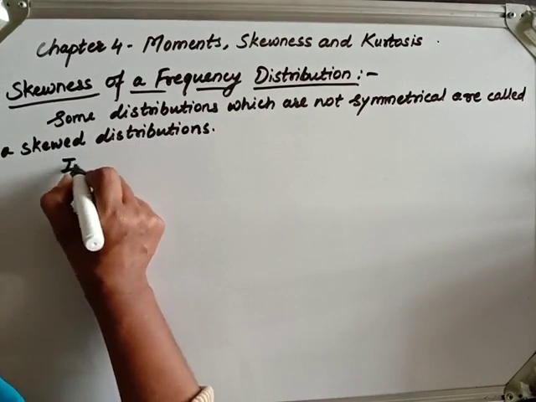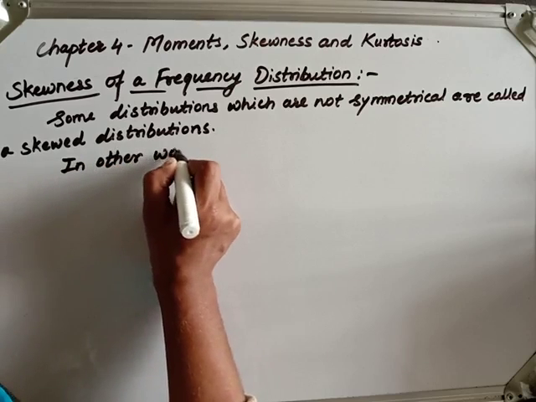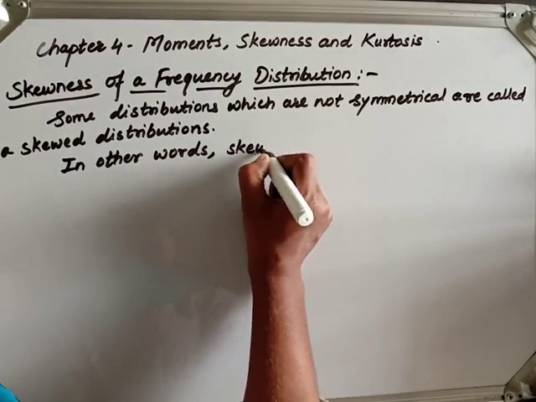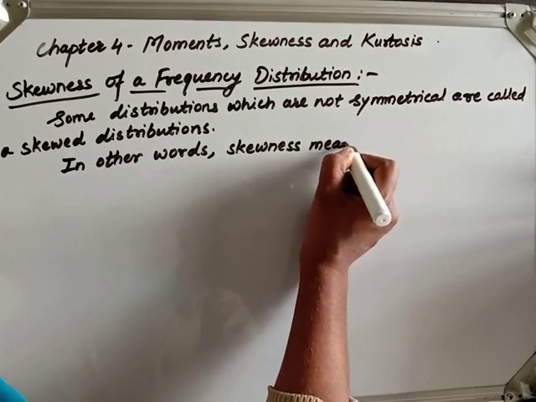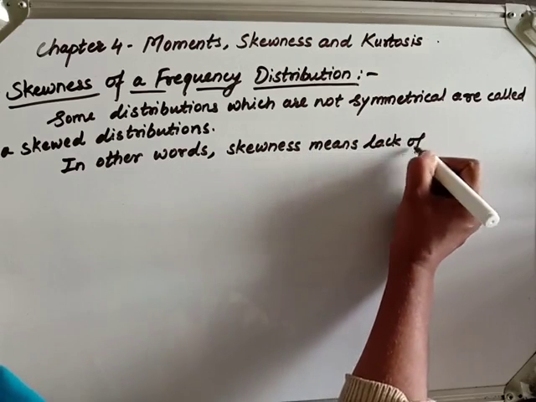Or in other words, skewness means lack of symmetry.